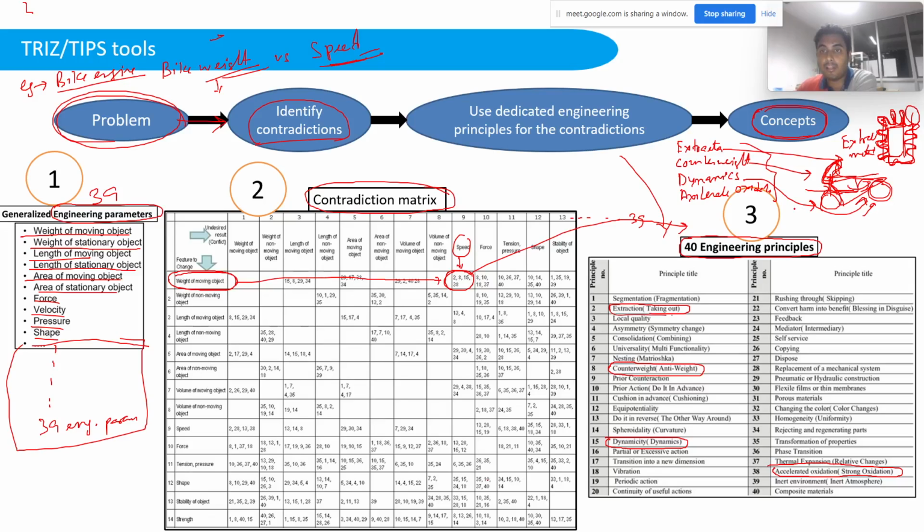This is how an aircraft flies, although it has very much weight. Because of the particular shape, it gets a drag force and a lift force, and because of that it flies.